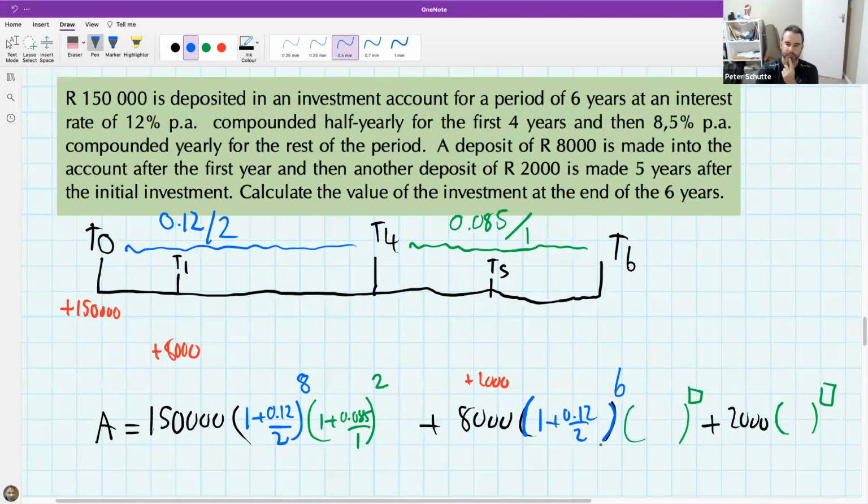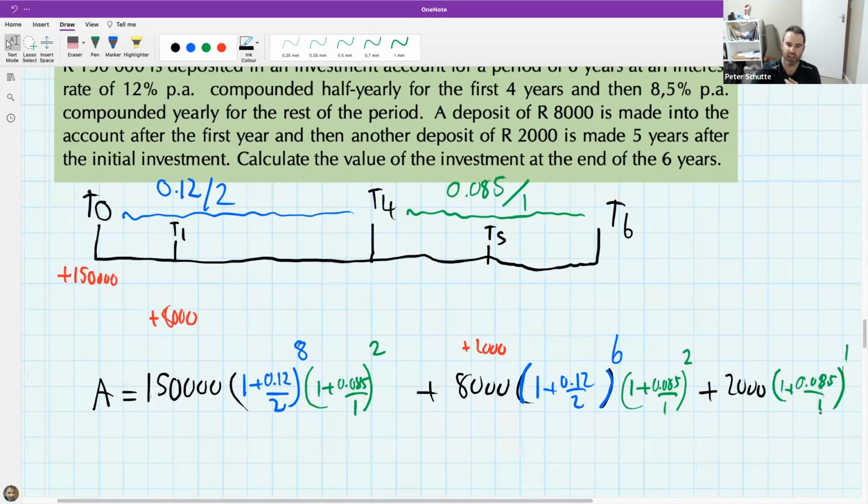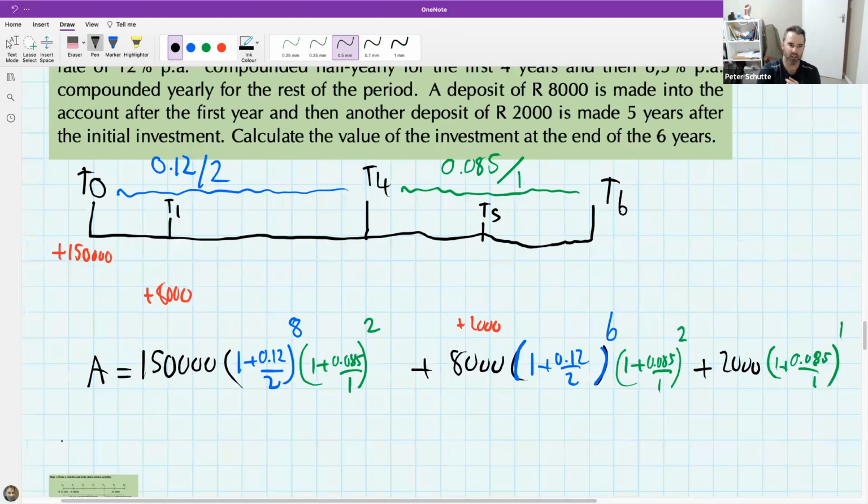There's going to be 6. This has 2 years to grow, and it's growing in year intervals, so that's going to be 2. And then the last one, 2,000, is just going to be 1 plus, over 1, and that's going to be to the power of 1, because it's got 1 year to grow. Okay, what a mouthful. So can you get me my final answer here?